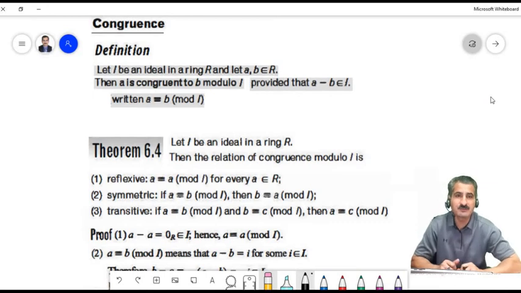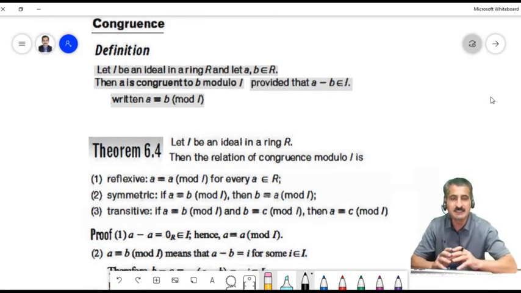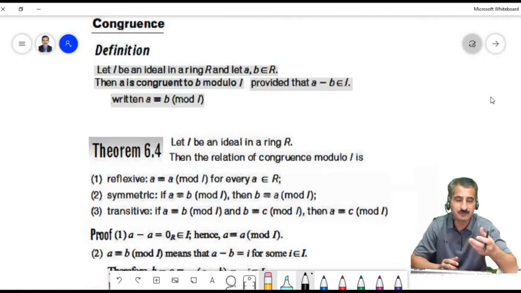So we can consider I, an ideal, as a normal subgroup. When we learned about normal subgroups, we worked with congruences, with equivalence classes modulo that normal subgroup. But I am saying here, an ideal is a normal subgroup, then we can do the same thing. But now we will have multiplication and addition.